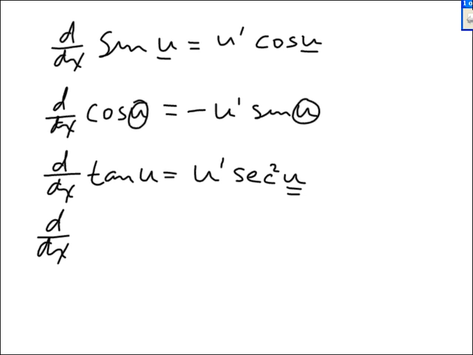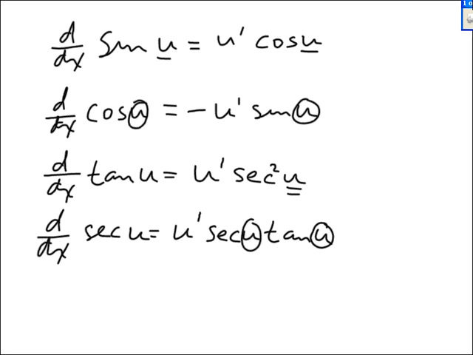The derivative of secant of any angle is the derivative of the angle times secant of the angle times tangent of the angle. What you're taking, the secant and the tan of, is the same as what was on the other side. The angle did not change.